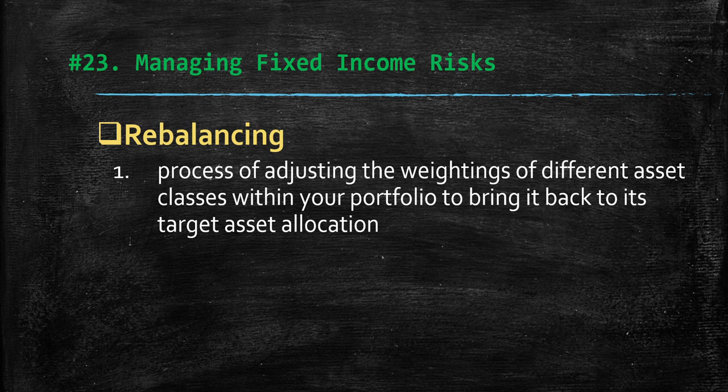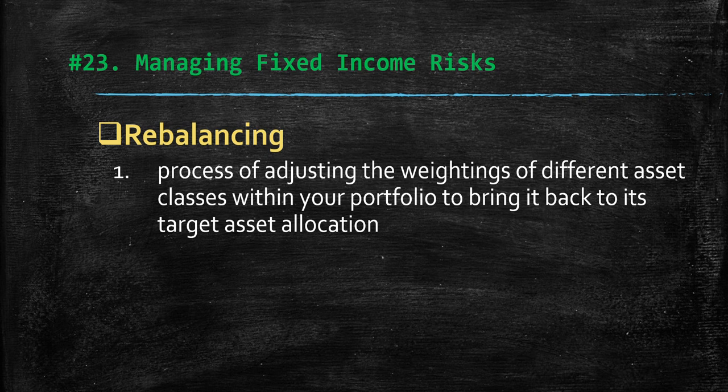If you want to maintain the same target asset allocation, then you need to rebalance. It could be that you still want to maintain your old asset allocation because that's your strategy in terms of managing risk. So as the different portions of what makes your portfolio begin to rise or drop in percentage terms, you need to rebalance.